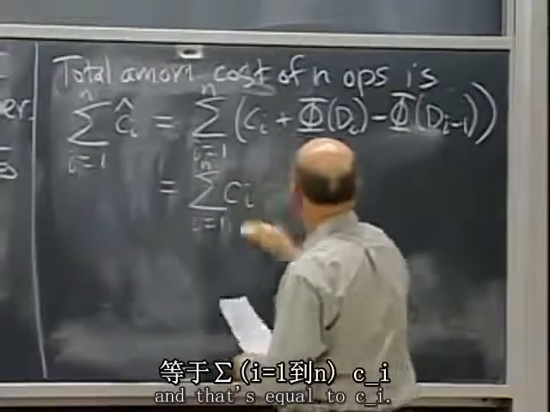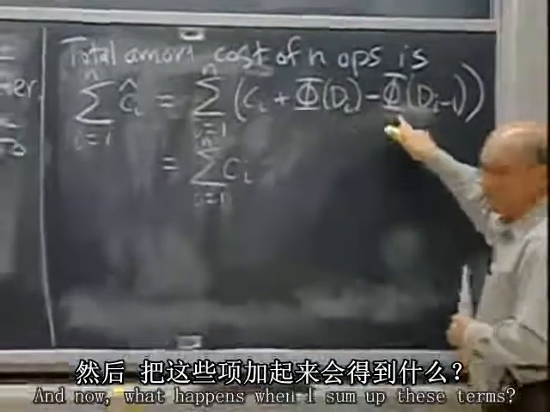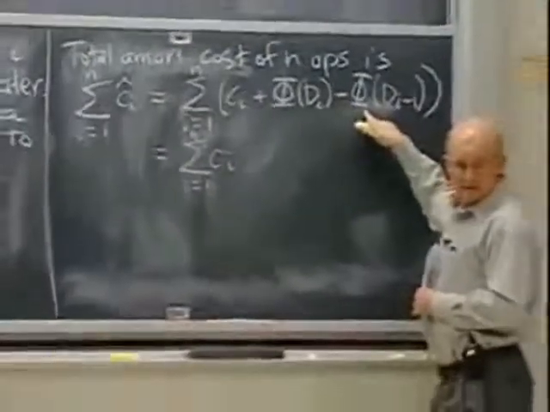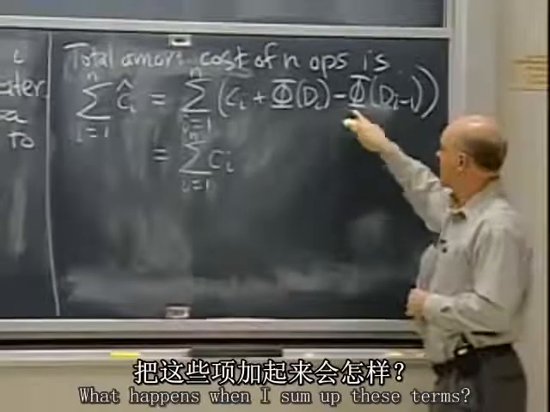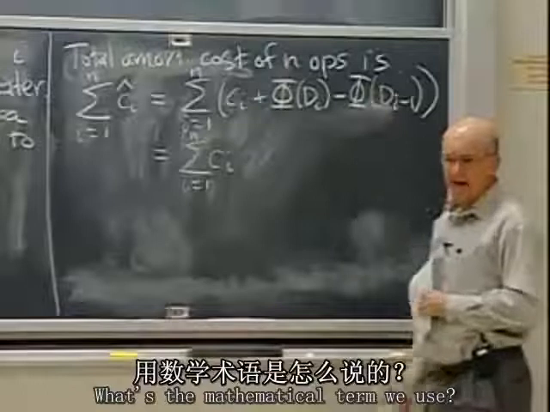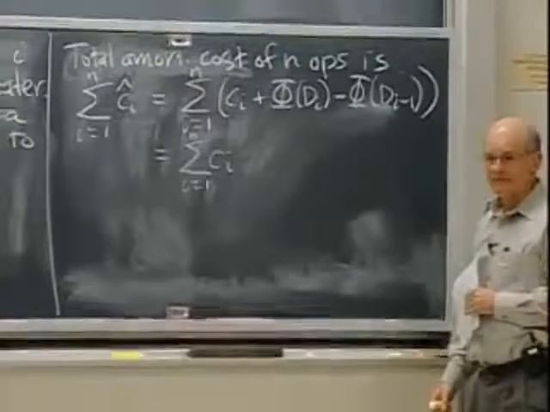And now what happens when I sum up these terms? What's the mathematical term we use for it? Telescopes.